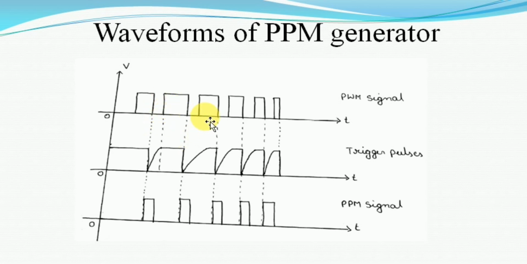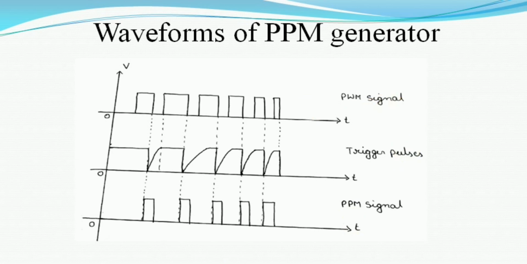Now the diode is used in order to bypass these positive spikes, that is, the leading edge spikes will be passed through the diode, whereas the trailing edge spikes will be applied as a trigger signal to the 555 timer. The presence of the trigger signal will simply indicate the pulse signal at the output of the 555 timer circuit. So this is how we generate the PPM signal from the PWM signal.